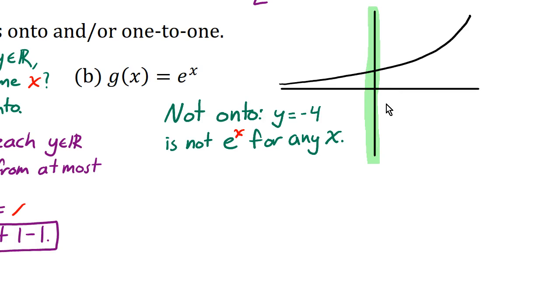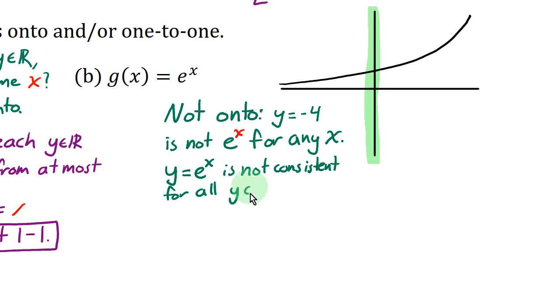And you only need to find one value of y in the codomain, one real number, that is not equal to e to the x for any x. Another way you could say this is that the equation y equals e to the x is not consistent for all y in the set of real numbers.